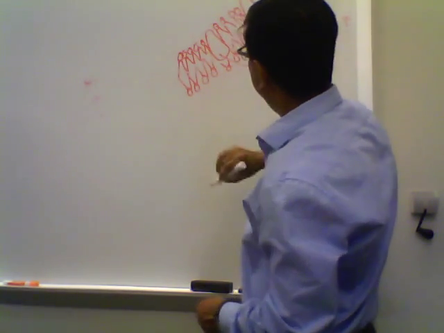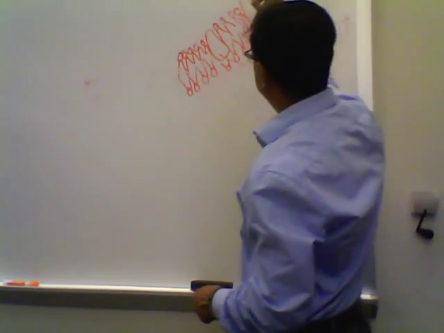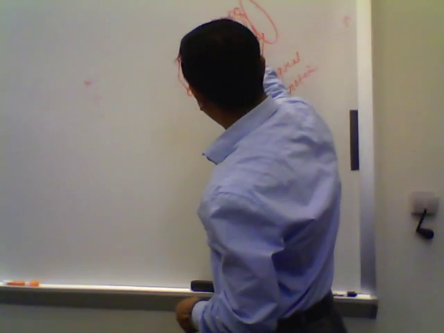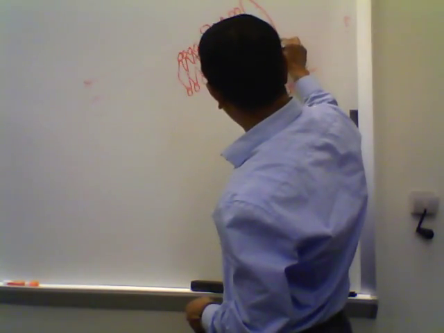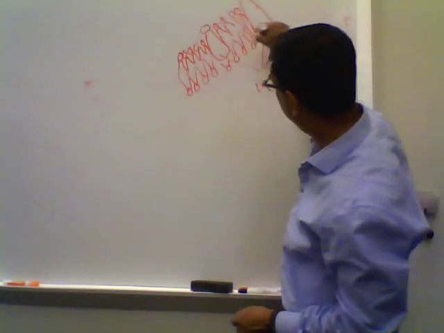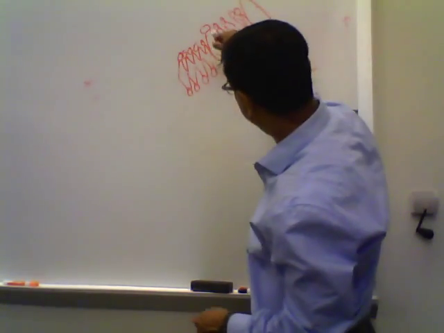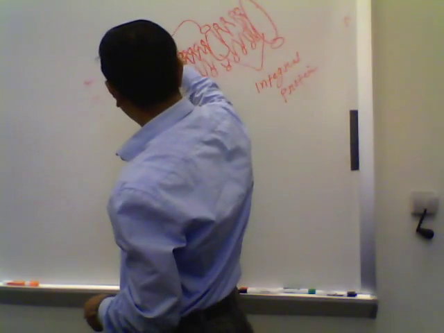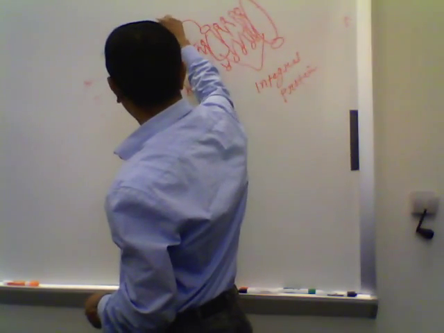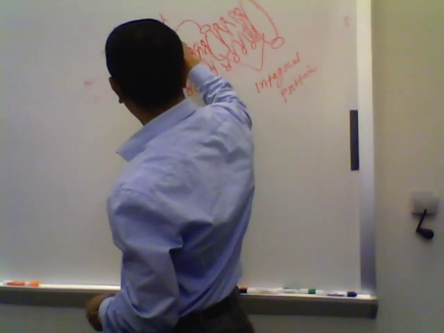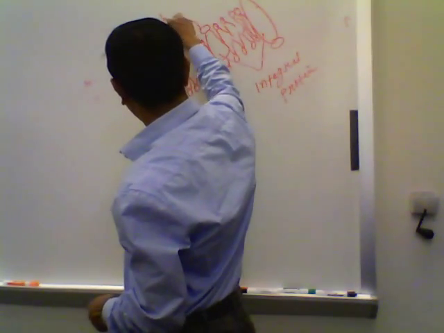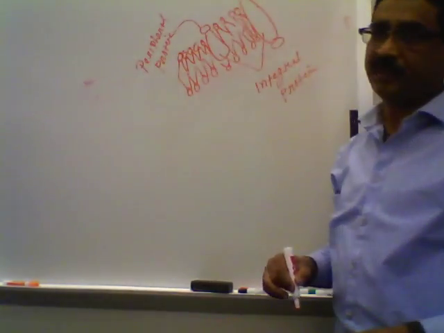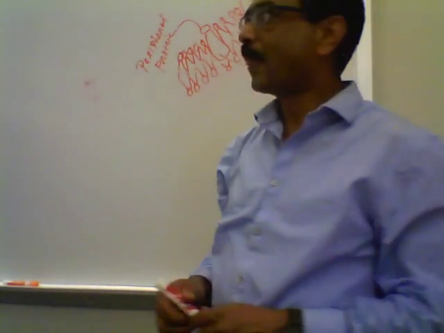Now, sometimes you'll see proteins that are loosely attached to the integral proteins. These are not inserted in the phospholipid. These are peripheral proteins. So those are two types of proteins present in the cell membrane.